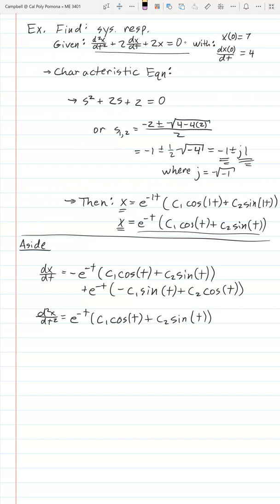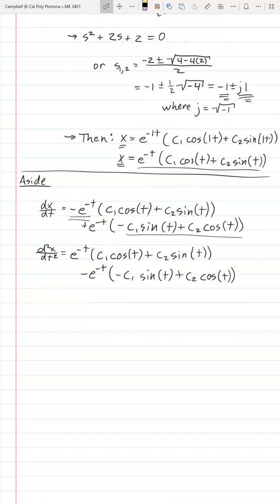And of course, that's just going to be exactly the same as what we have in these parentheses, except it's still going to be multiplied by a negative e to the -t. So we have a negative e to the -t now times our negative c1 sine t plus c2 times cosine t.